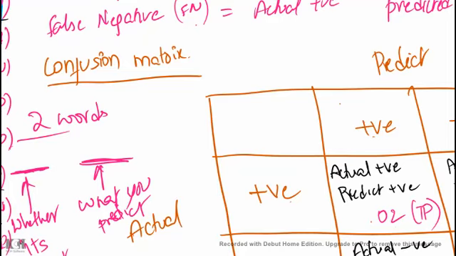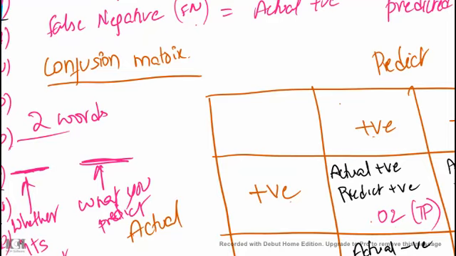False no's: predicted as no and actual should be yes, because both should be opposite. Then only it is called false. Falsely predicted no's are called false no's. Falsely predicted negatives are called false negatives.